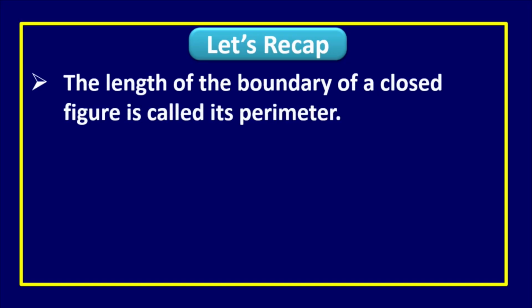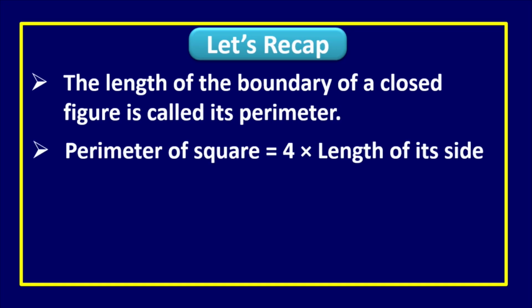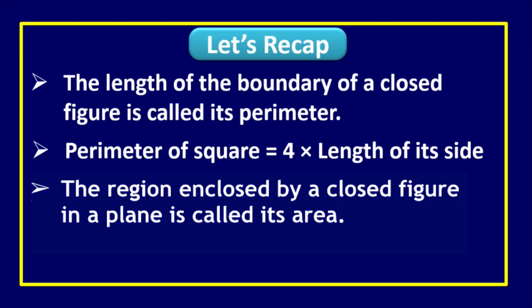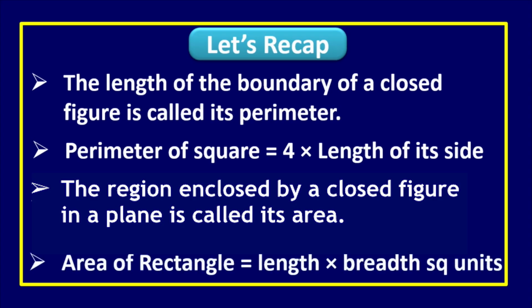The length of boundary of a closed figure is called its perimeter. Perimeter of a square is 4 into length of its side. The region enclosed by a closed figure is called its area. Area of a rectangle is given by length into breadth square units.